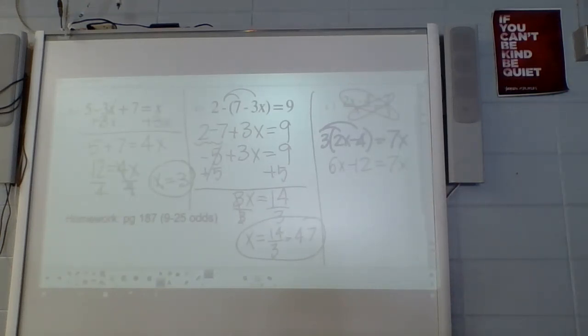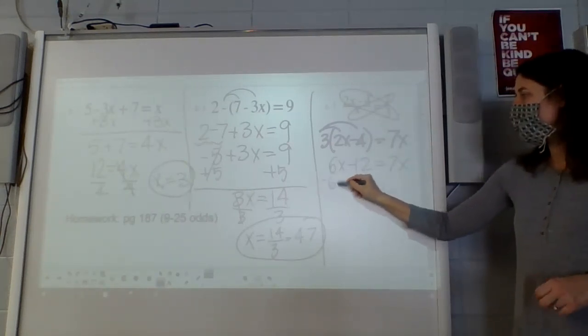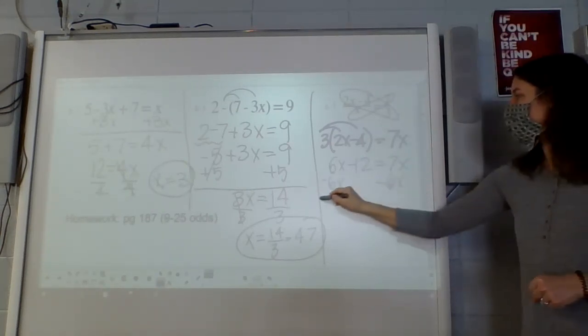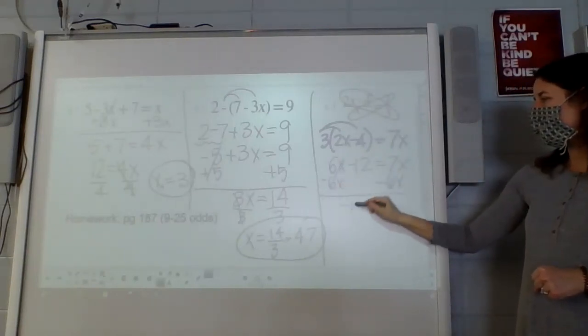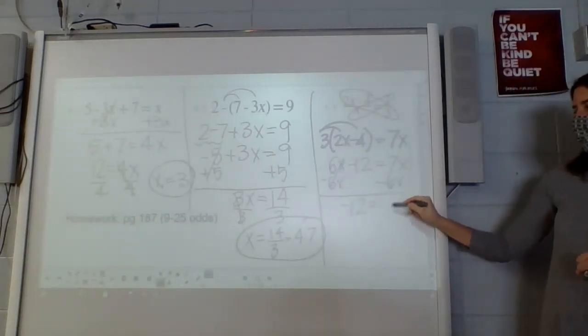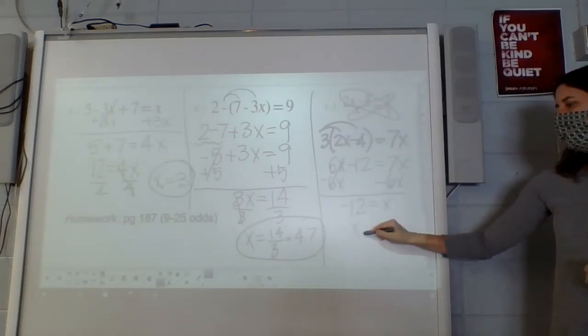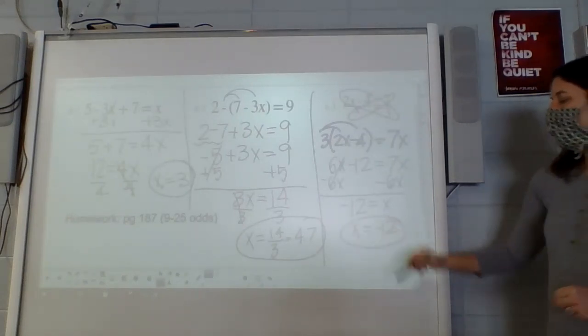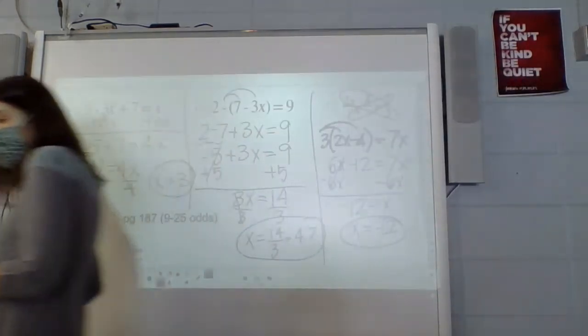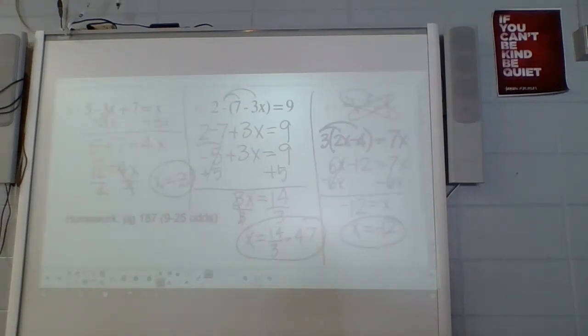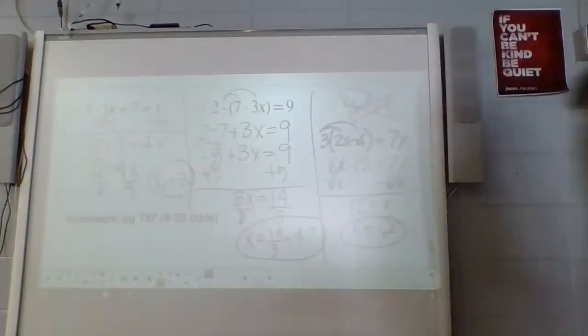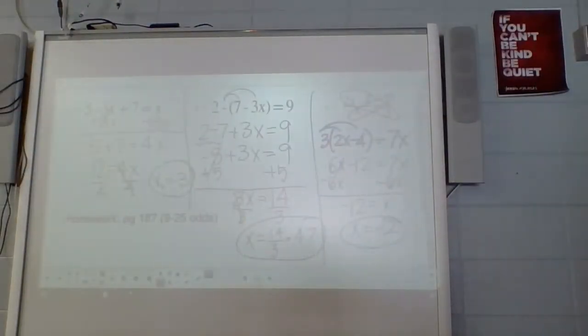We're going to move that 6x over. So we get negative 12 equals 7 minus 6, which is just 1x. So x is just negative 12. Now, those of you guys who did say to multiply by x, that would have worked as well. It's just, we would have had a fraction over there, and that would have been a little bit of a mess. So I'd probably say cross multiplying is the most streamlined way to do it.